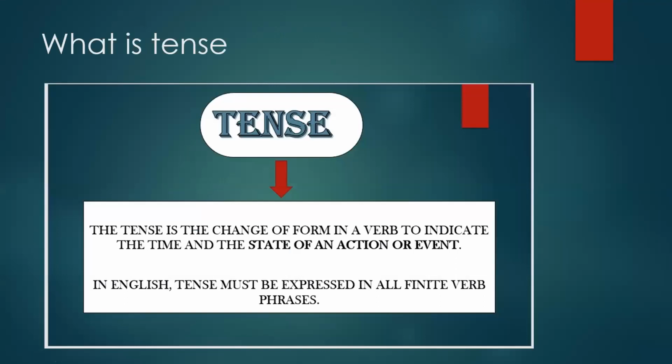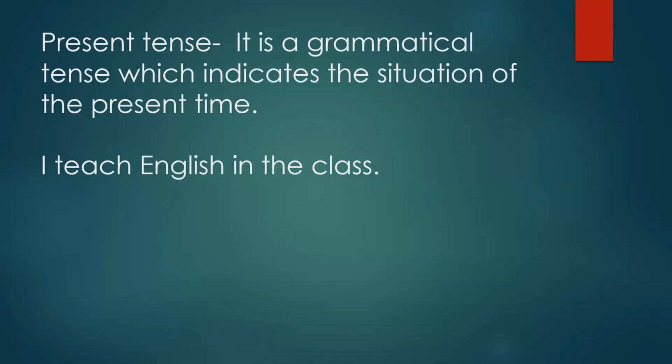So tense is the change of form in a verb to indicate the time and the state of an action or event. In English, tense must be expressed in all finite verbs or phrases. In present, it is a grammatical tense which indicates the situation of the present time, like I teach English in the class.